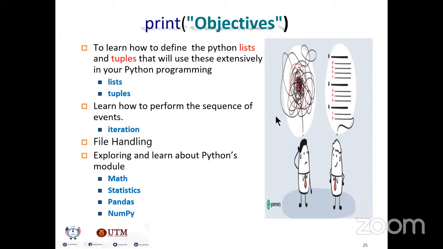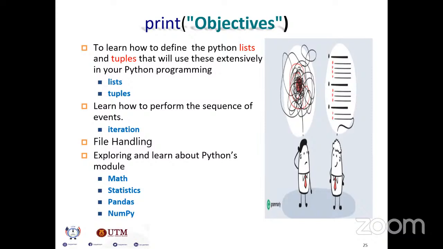We will also learn how to perform sequence iteration, similar to how we handle the for loop. We will also deal with files. We know that if you have a data set in machine learning, you need to use file handling.